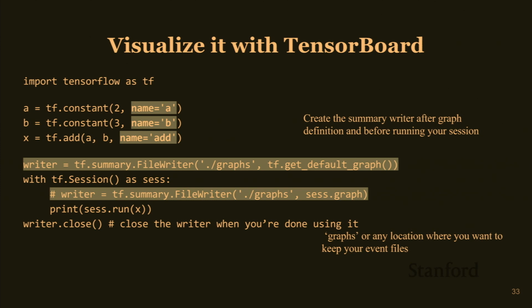The first is right after you create the graph. When you create the file writer, the first parameter is where you want to store the graph, and the second is the graph that you want to write to that location. If you create it outside the session, you access the graph by calling tf.get_default_graph, so you can just write the graph you're working on to that location.